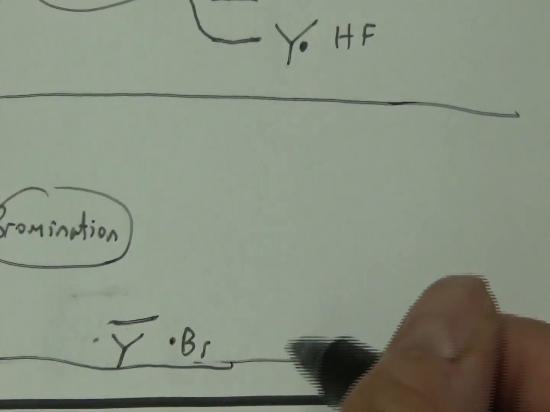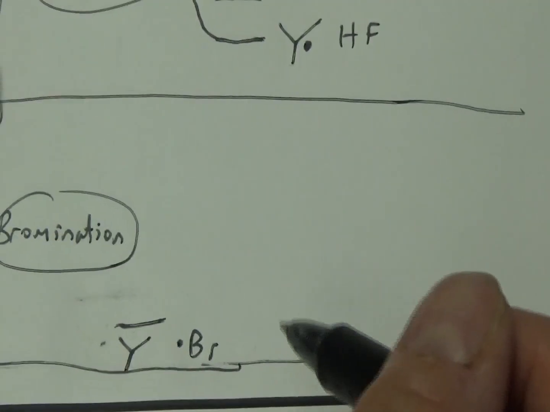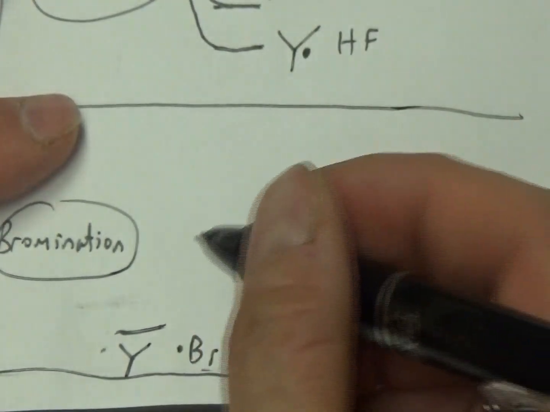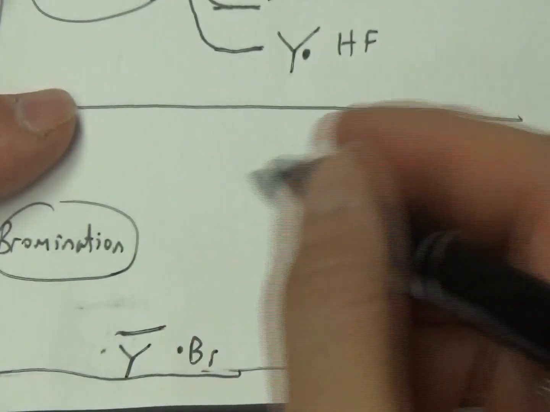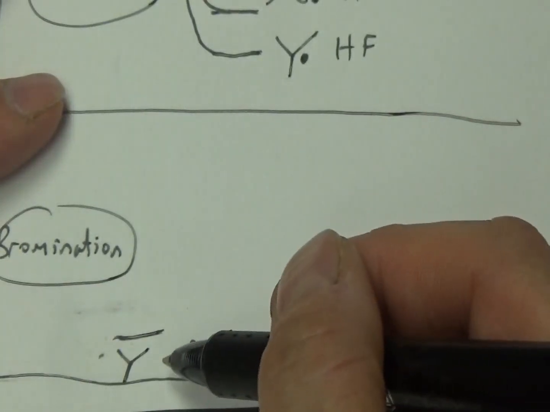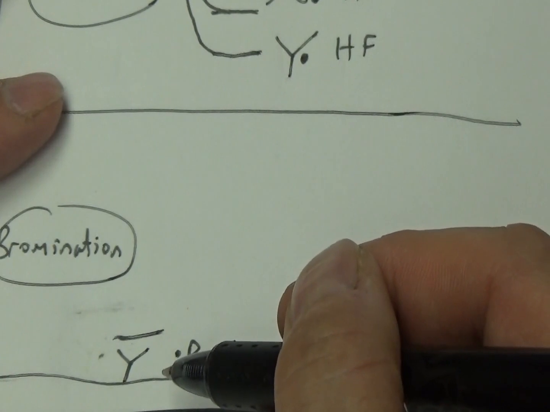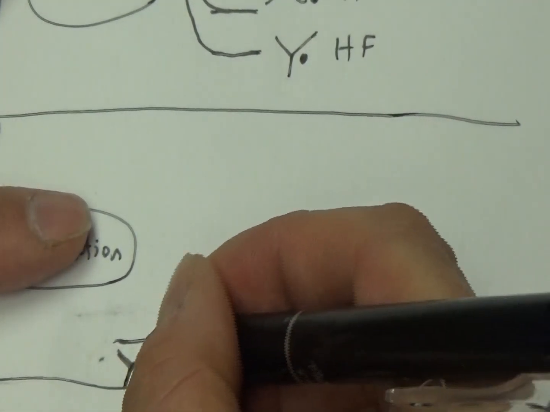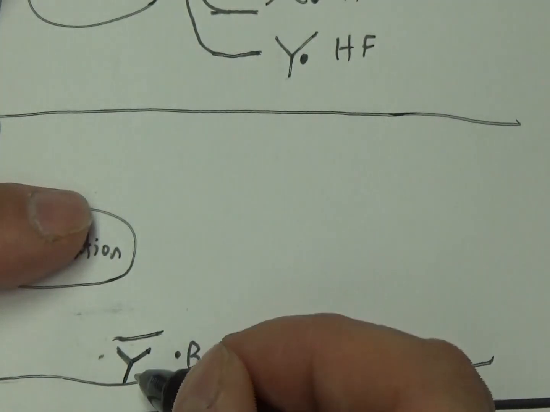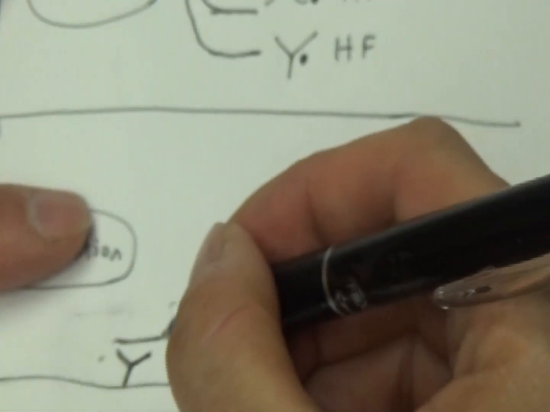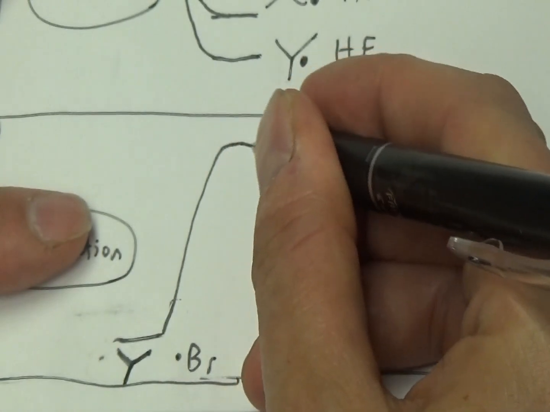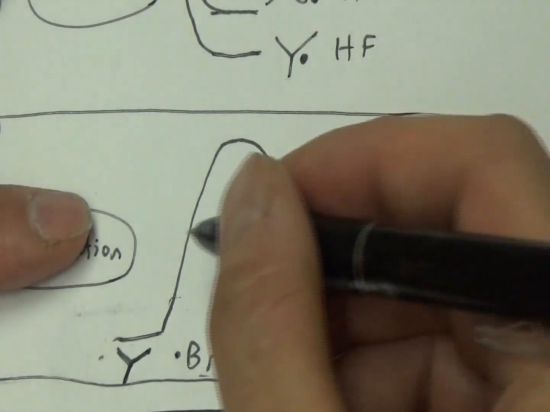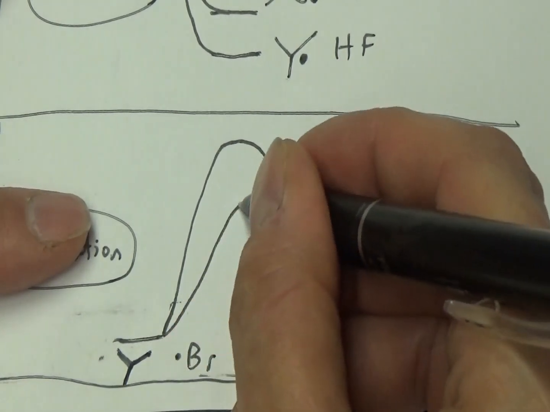But the first step is endothermic, and what happens then is we have two pathways. One gives rise to the primary radical, the unhappy one, and one gives rise to the tertiary radical, because you can rip off either a primary H or the tertiary H. And as you jump up, you can go through one pathway or the other.